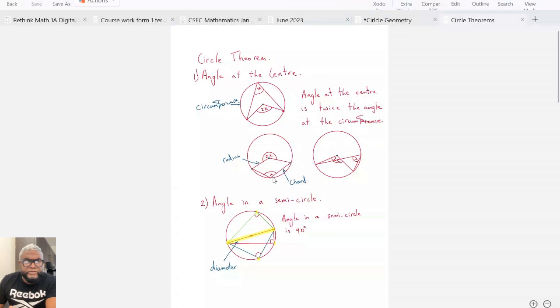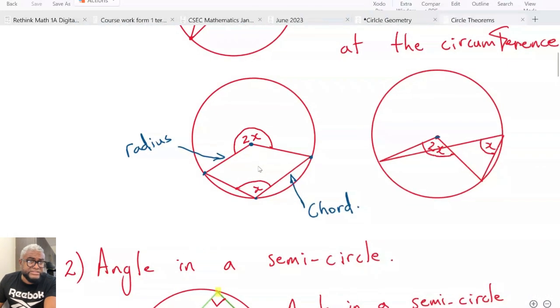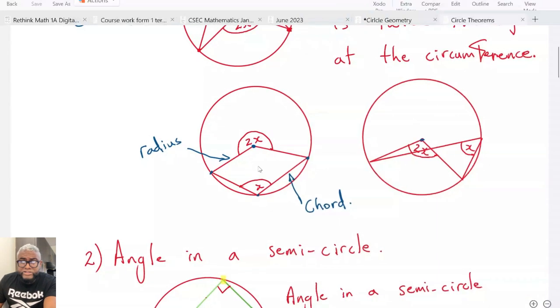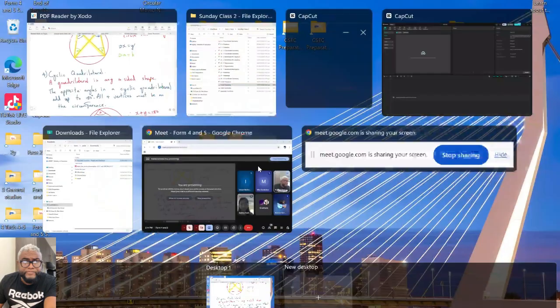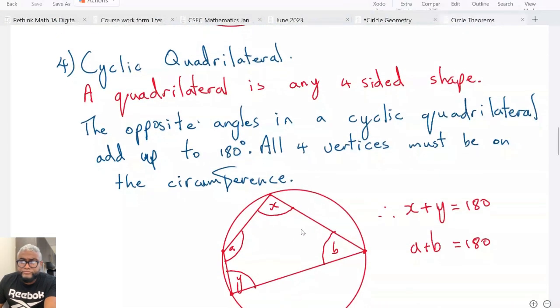We wouldn't find the angle at the center because it would take 2 workings to find that answer. So I'm going to show you all the theorem. A cyclic quadrilateral: a quadrilateral is any 4-sided shape, and opposite angles in a cyclic quadrilateral add up to 180 degrees.